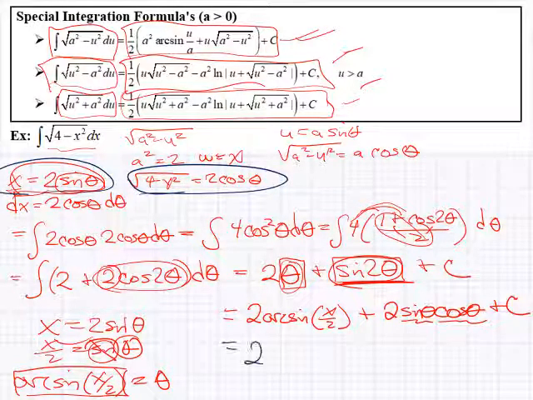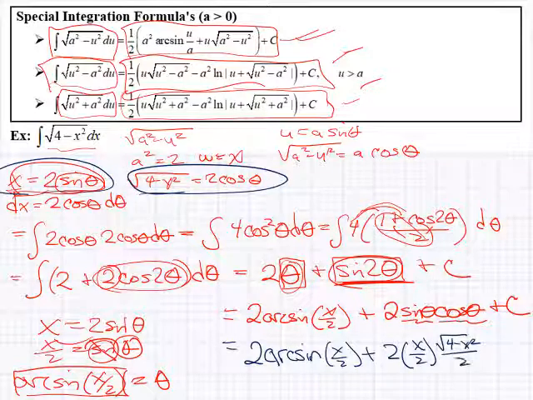So we end up with 2 arc sine of x over 2 plus 2 times sine would be x over 2. And cosine would be the square root of 4 minus x squared over 2 plus c. We can cancel this 2 and this 2, and other than that, we have our answer.